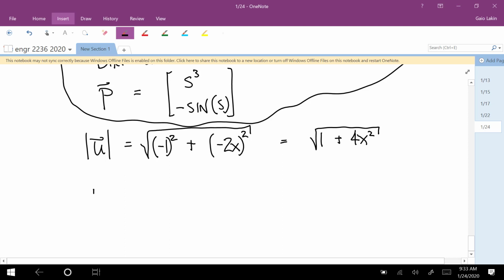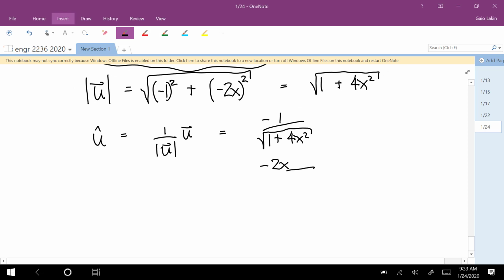And then the unit vector is 1 over the magnitude times the vector u. So that's -1 over the square root of 1 plus 4x squared, -2x over the square root of 1 plus 4x squared.